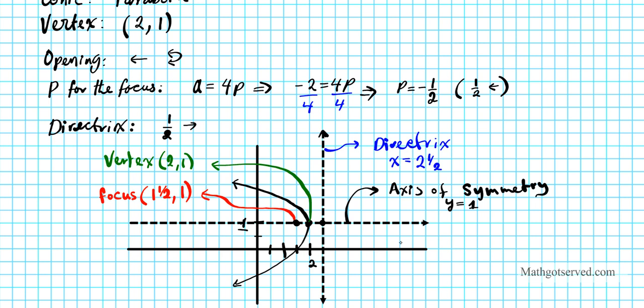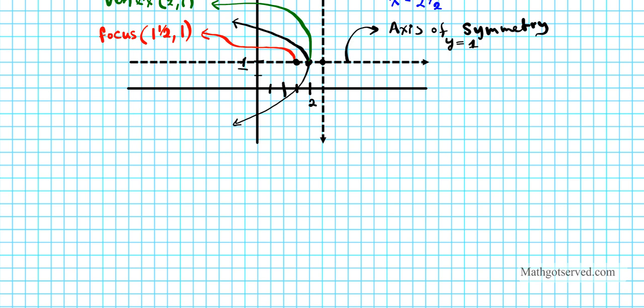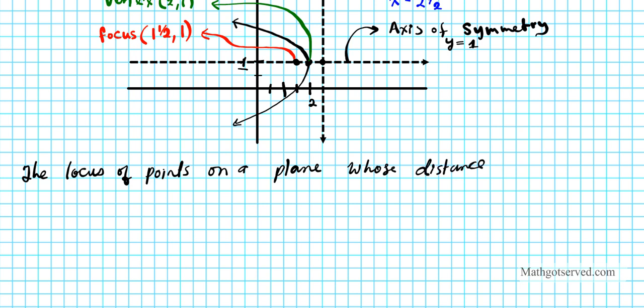All right, now let's go ahead and write down the meaning. What does all this mean? I didn't write that for the first example, so let's go ahead and write down the meaning. So the meaning is as follows. The locus of points on a plane whose distance from a fixed point, the fixed point is the focus, okay?